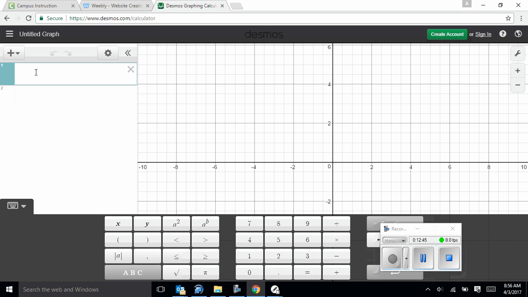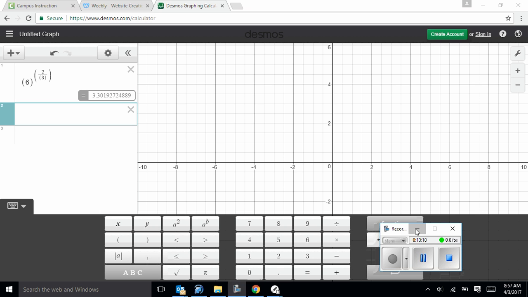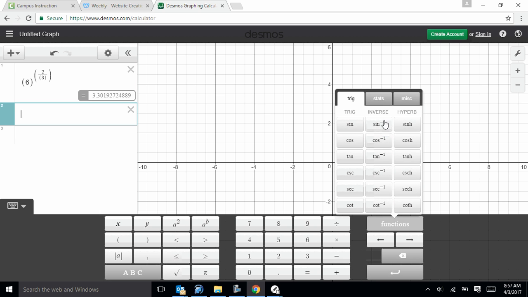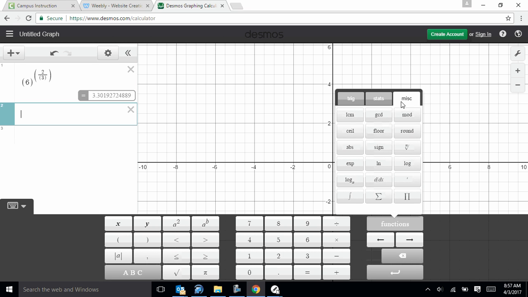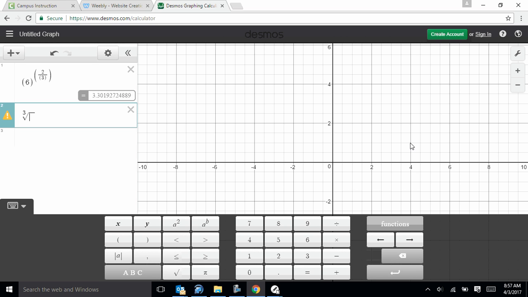Looking at Desmos, we get 3.3, and on here I'm getting the same thing.